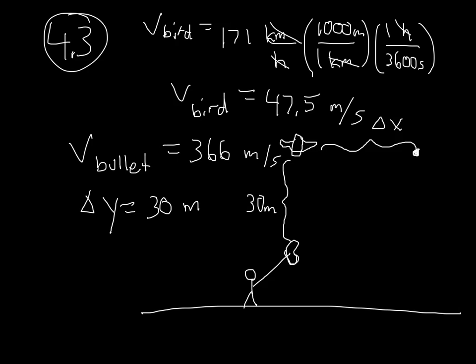Okay, what else do I know? Velocity of the bullet. So that's going to be this hypotenuse here. If I were to draw this in, it's kind of a right triangle. Velocity of my bullet is equal to 366 meters per second. Do I know anything else? Velocity of the bird. How would I draw that in here?